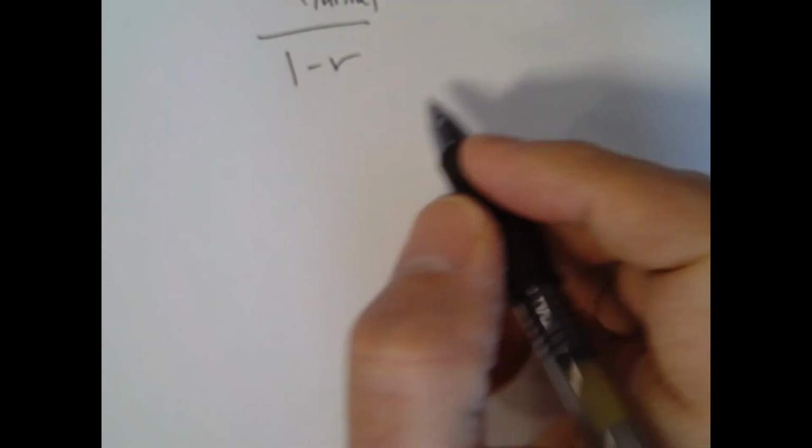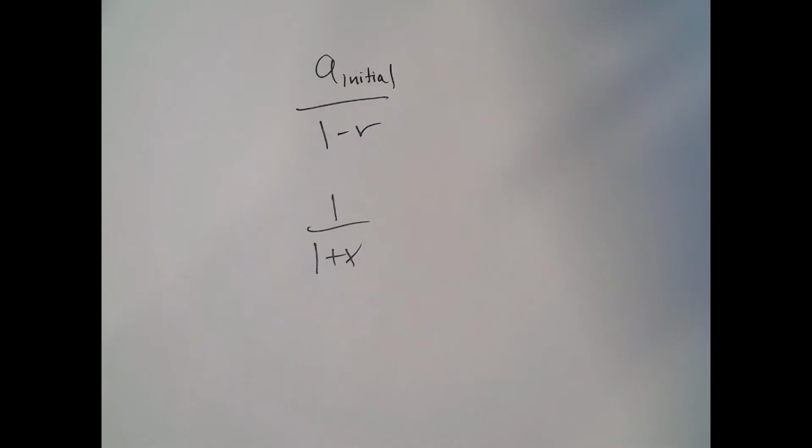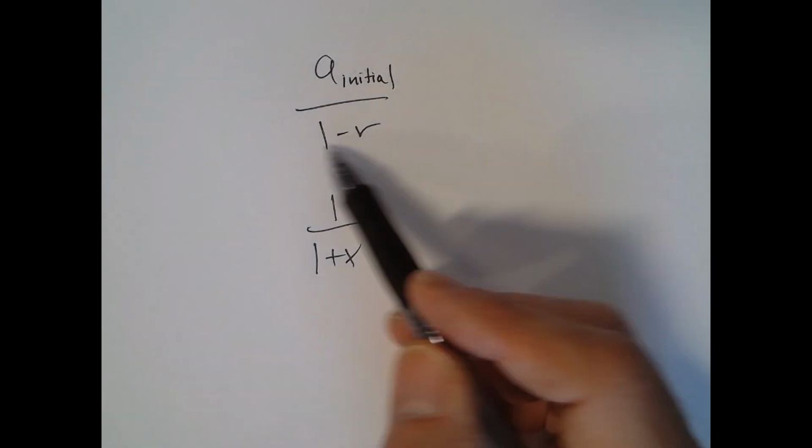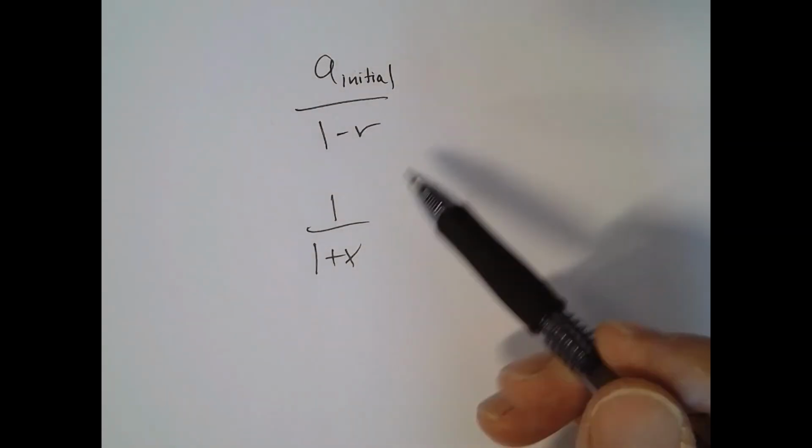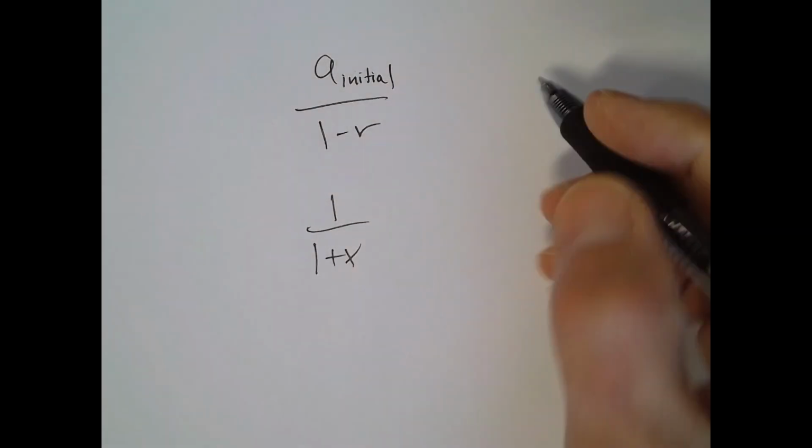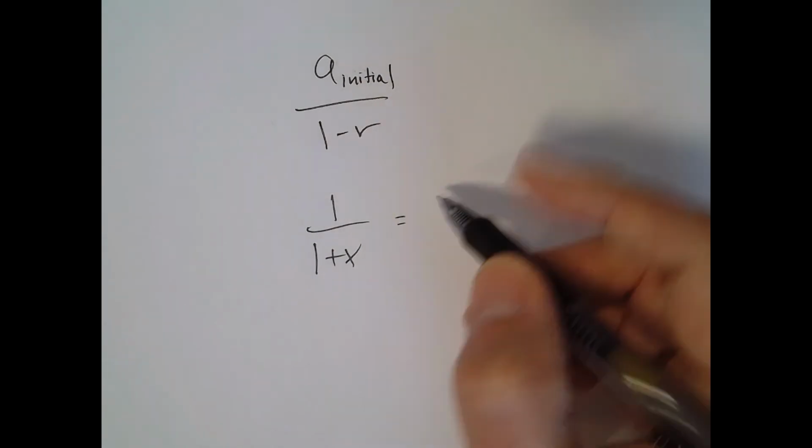So what do you suppose the initial term is? It is 1. So if we're using this as our formula, our initial is going to be 1. So if I wanted to write this as a polynomial, it'd be 1.